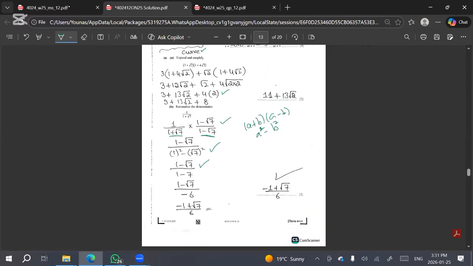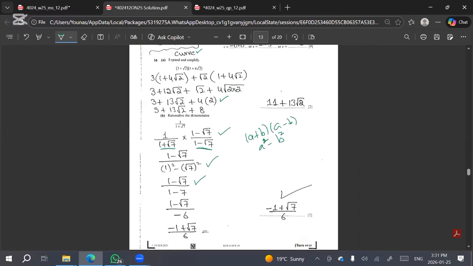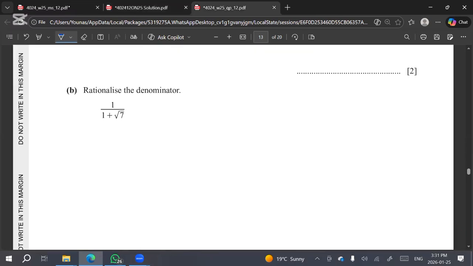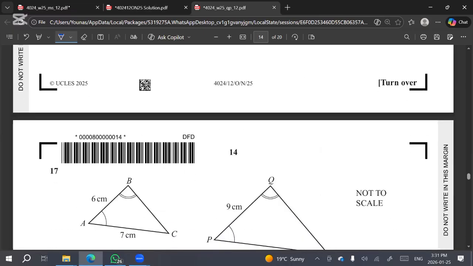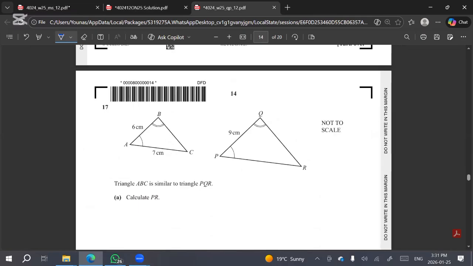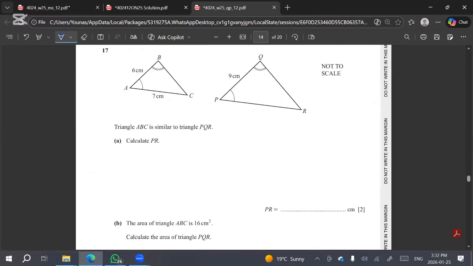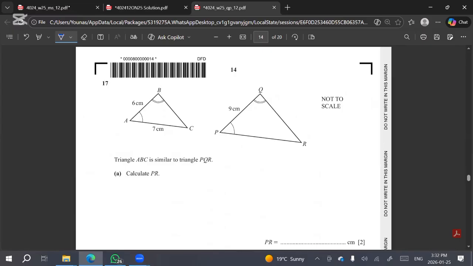This is the whole of question number 16 showing up on your screen. I hope it's clear to you. Okay. Now we are going to the next question. The next question is question number 17. In question number 17, they want me to find the value of PR.